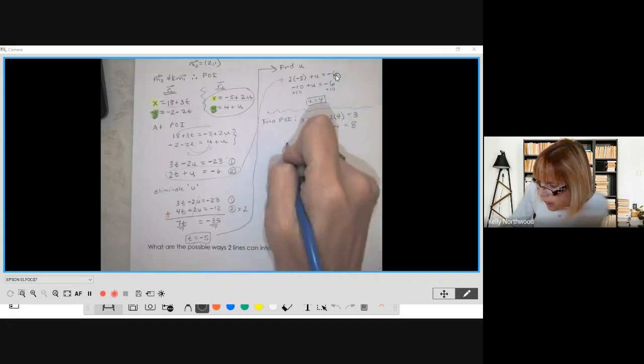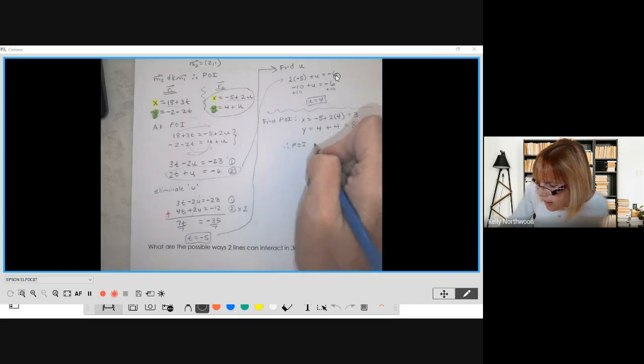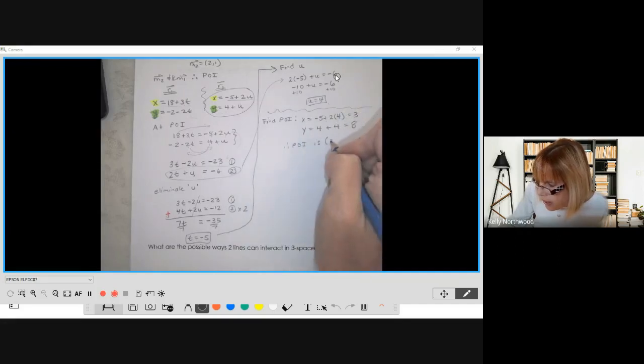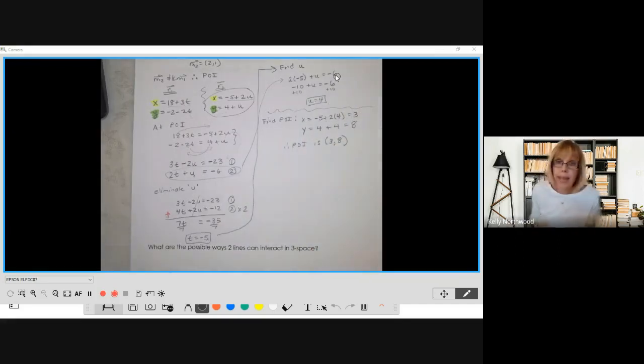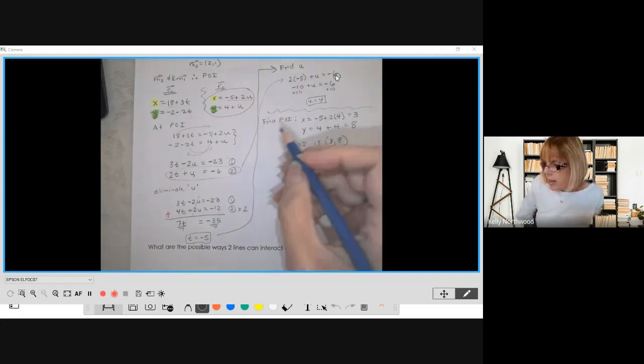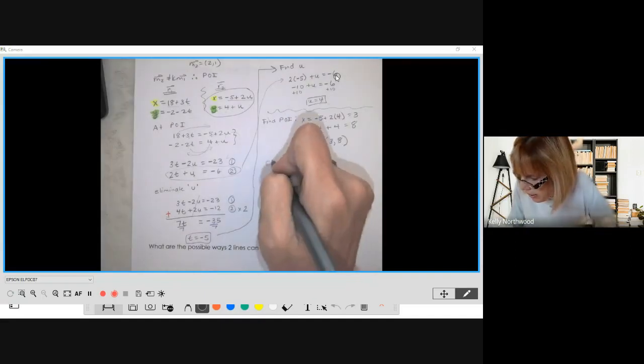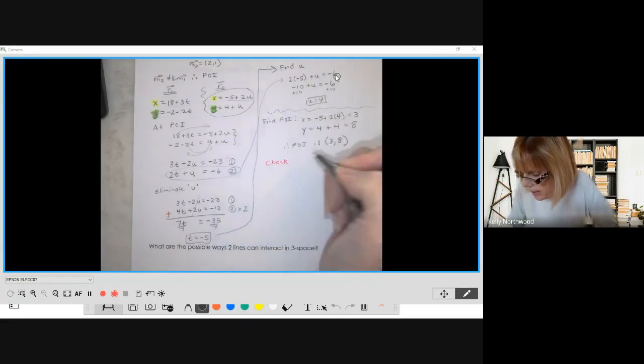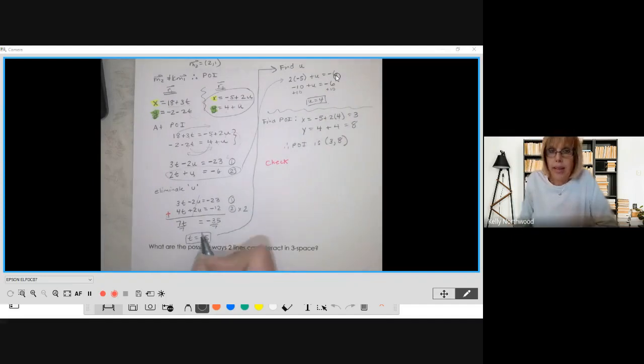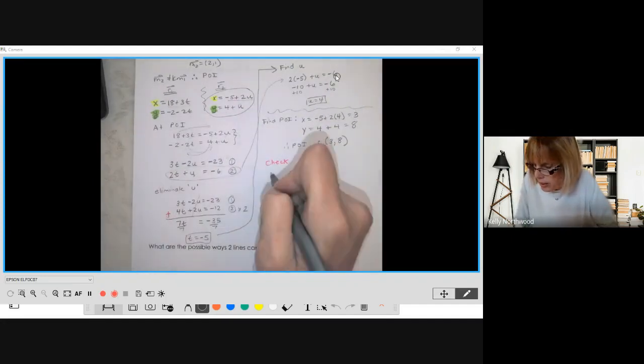So that would mean my POI is x being 3, y being 8. Now, you can check that your answer is right by using the t parametric equations.